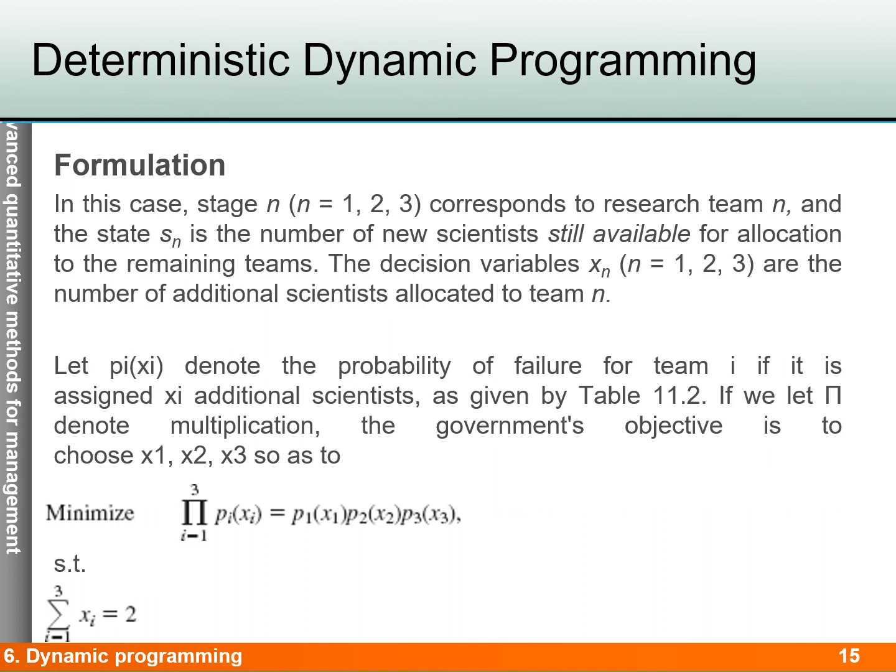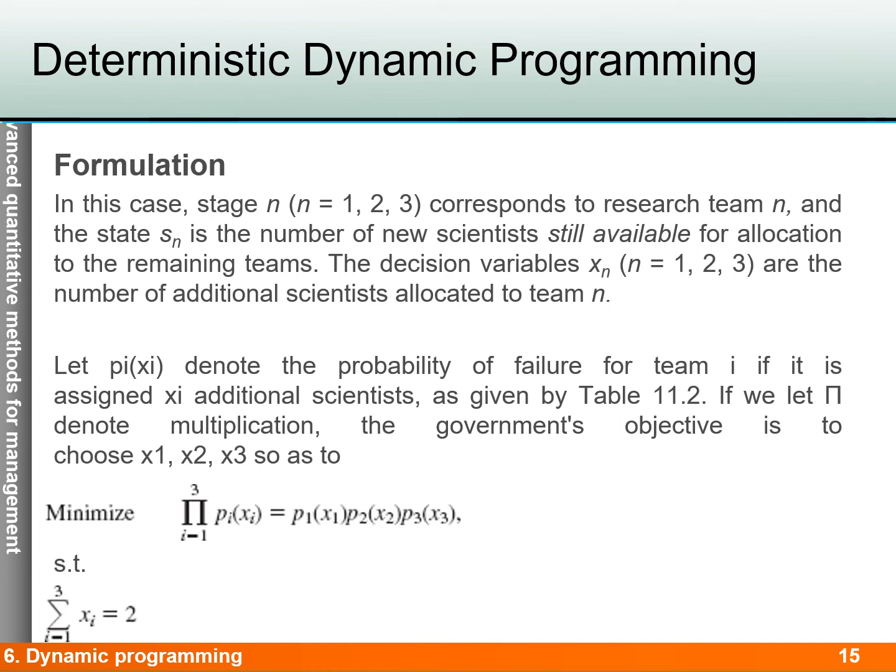As given by table 11.2, if we let this sign denote multiplication, the government's objective is to choose x1, x2, and x3. As you remember, before we had the probability of failure of 3 projects as the multiplication of these three items.